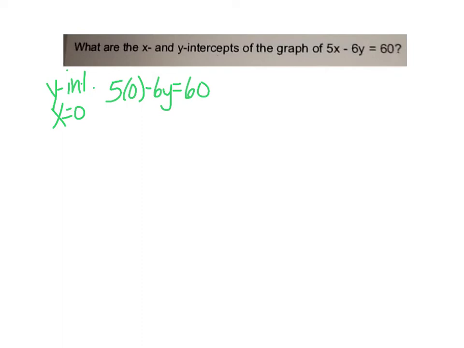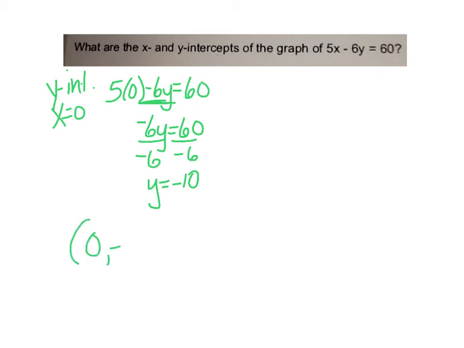Now make sure you notice that it's being subtracted here, which is also a negative. So this is actually negative 6y equals 60, and y is being multiplied by negative 6, so we have to divide by negative 6, and y equals negative 10. But our final answer is an ordered pair, (0, -10).